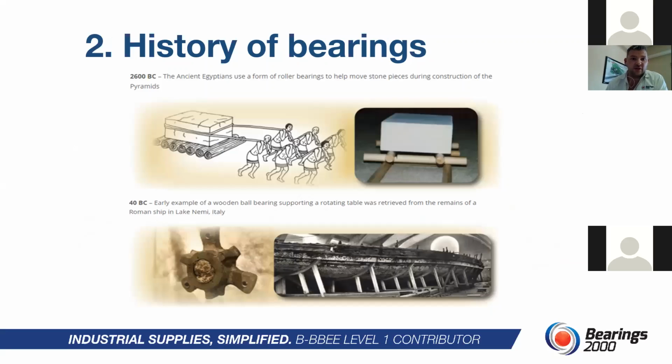Just an insight into the history of bearings. You can see there, 2600 BC, the ancient Egyptians used some sort of a roller bearing. That's a type of roller bearing, if you want to call it that. 40 BC, that's a type of wooden bearing that they used on the boats.